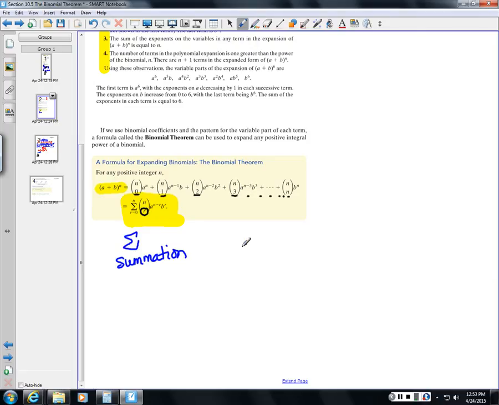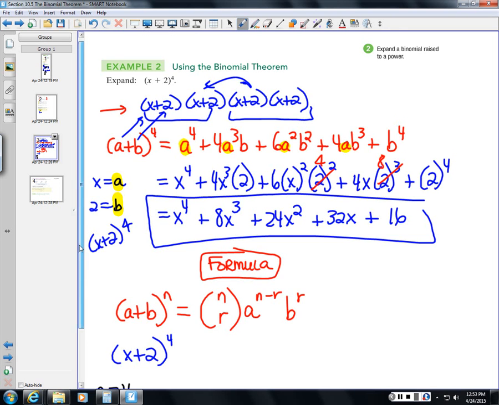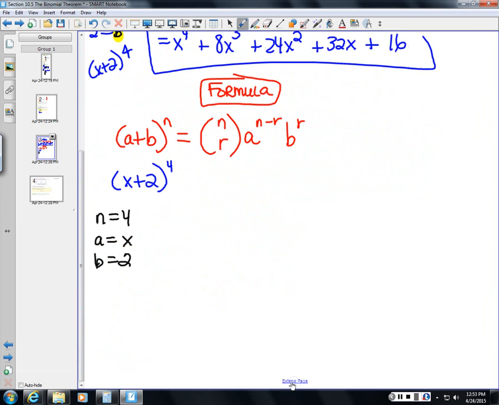So we don't actually have an r. r starts at 0, and then it goes to 1, and 2, and 3, and 4, because we're summing everything up from 0 on up to whatever n is going to be. So you start with n, which is 4, r starts at 0, a to the n minus r power times the b to the r power.